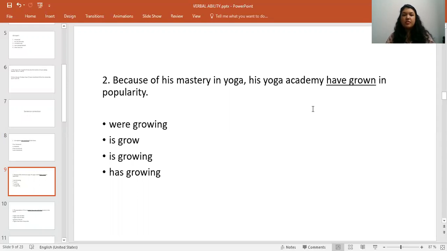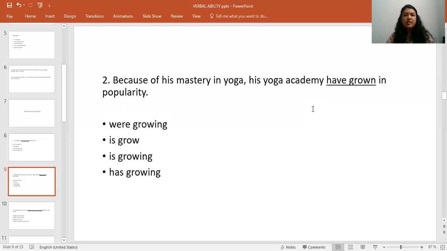So, because of his mastery in yoga, his yoga academy were growing in popularity. Because of his mastery in yoga, his yoga academy is grow in popularity. Like this, if we go through each option and read through the sentence, it makes more sense and makes it easier to identify the correct option for the wrong sentence.